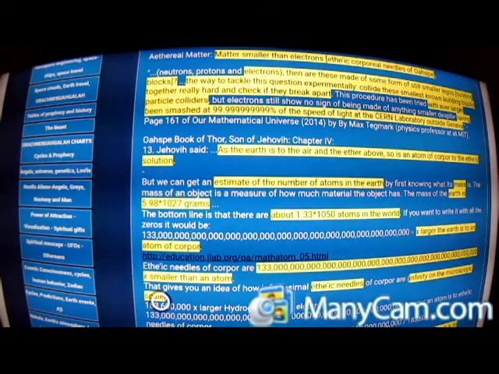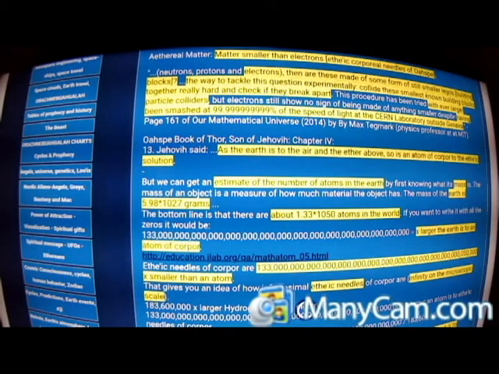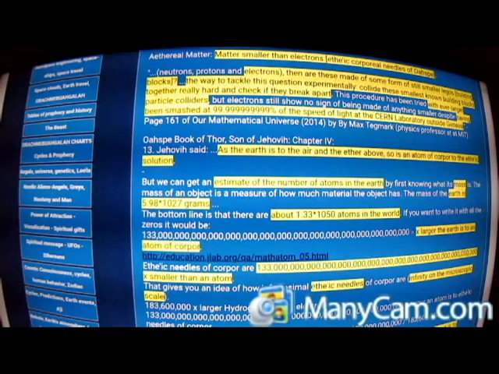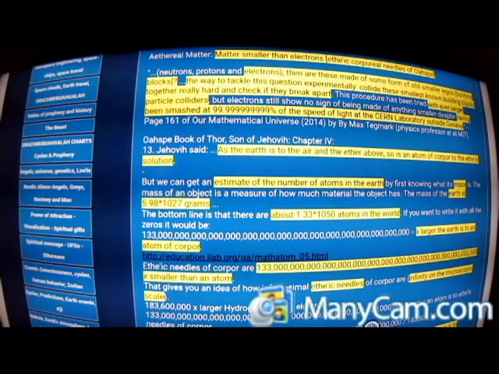183,600 times larger a hydrogen atom is to an electron. And this large number is how many times larger an atom is to an etheric needle of copper. And you can do the math there and divide by that number, and that equals how many times larger an electron is.